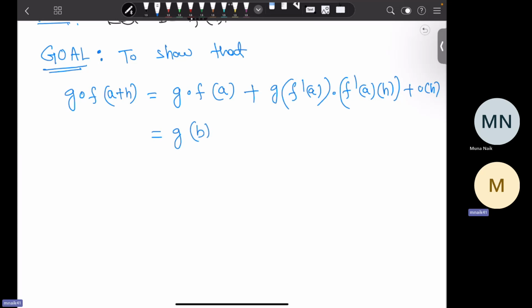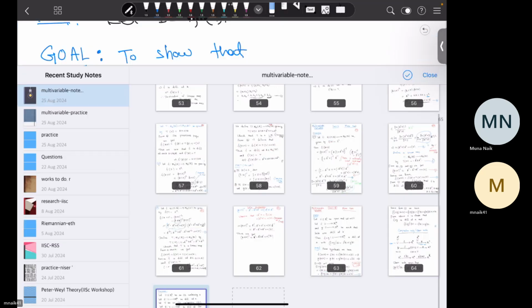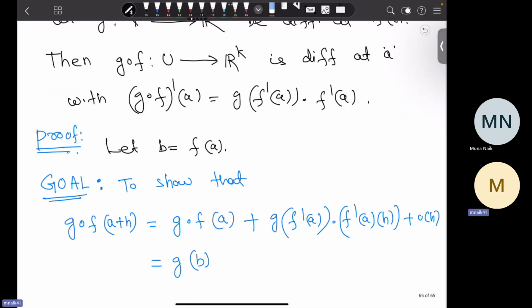So we want to show that G of B plus... Sorry, I have written G of G prime of F. So I made a typo, there were typo errors.